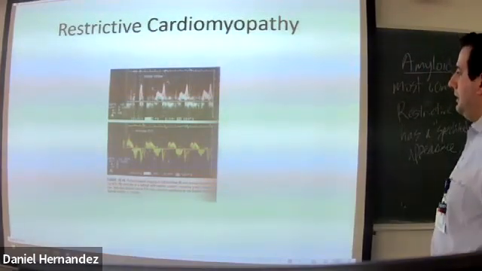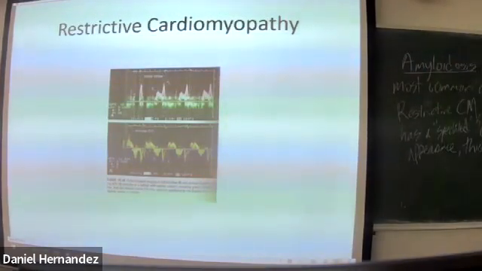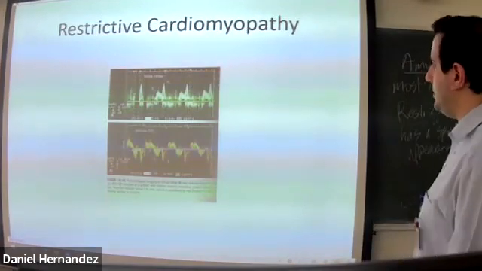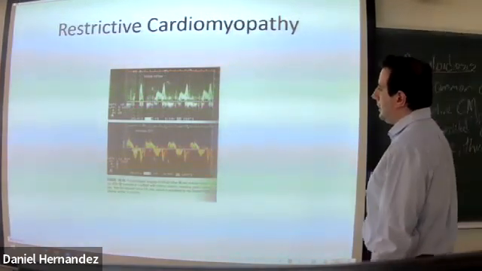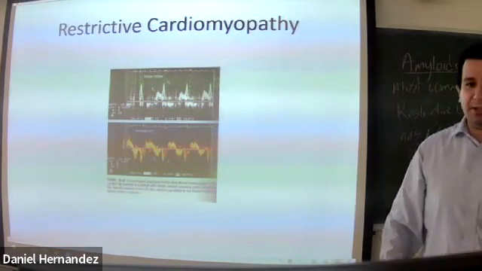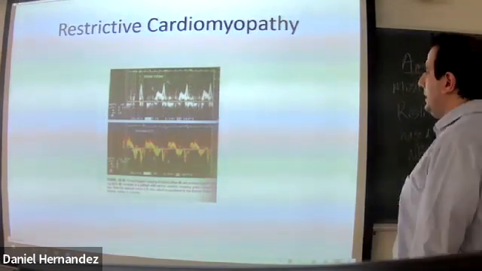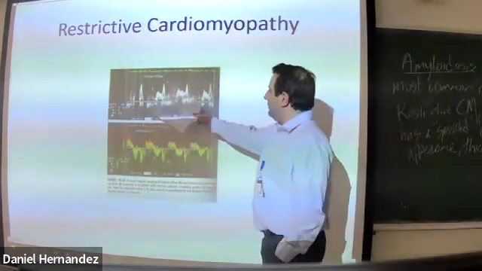This just shows, again, the early stages of restrictive cardiomyopathy. This would be someone in that impaired relaxation or abnormal relaxation phase, so stage 1 diastolic dysfunction, where we have our little e and big A.